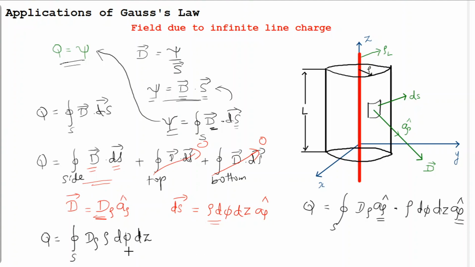I have here two variables, right? Phi and z. I have to evaluate how D rho and rho vary along phi and along z. So I will apply the universal limits for phi and z. So here, what is the limit for z?